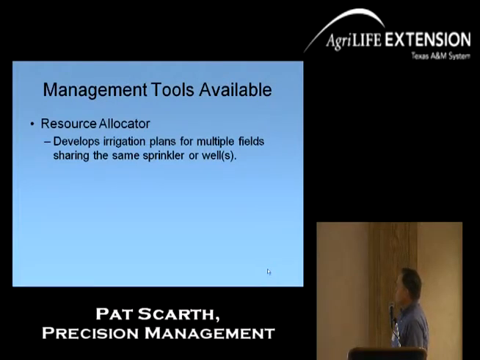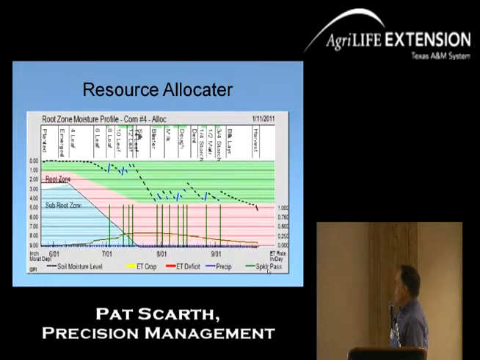We also have a resource allocator. My farmers really slammed me with this last year, and David was talking about it a little bit, but where you've got a field, maybe a sprinkler that's split between cotton on one side and corn on the other side, or you're going to plant corn early and then plant the other half of it late, and try to extend that peak use period out.